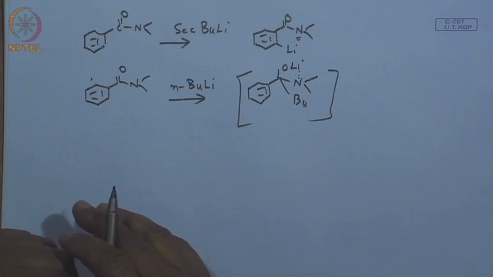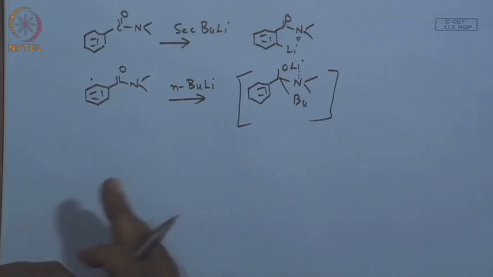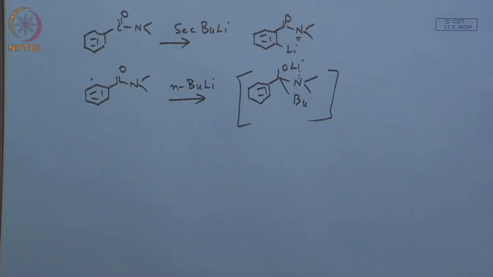Okay. And of course, I think many of you probably know who is the father of organolithium compounds. You have to know a little bit of history also. History: Gilman, Henry Gilman.